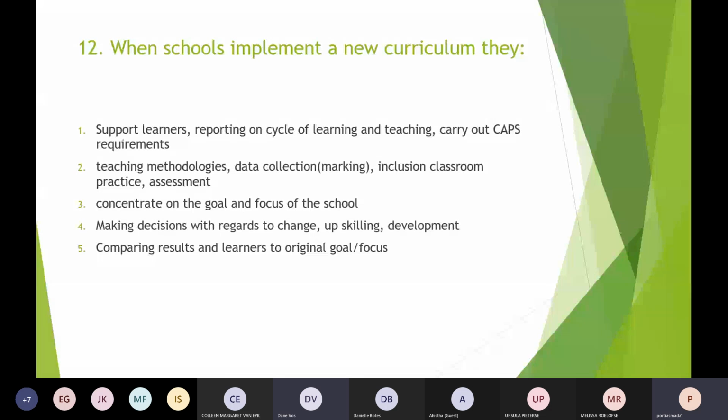I think it is in the top of the ones that can be the right answer, because you need to look at the teaching methodologies, which is quite important, and the inclusion in the classroom practice and assessment. I'm just not too sure about data collection, because I feel it falls more under mathematics. All right, thank you.